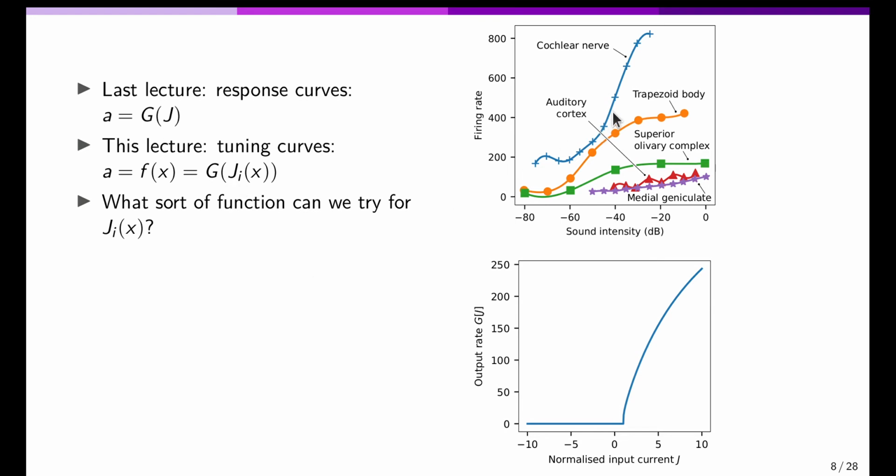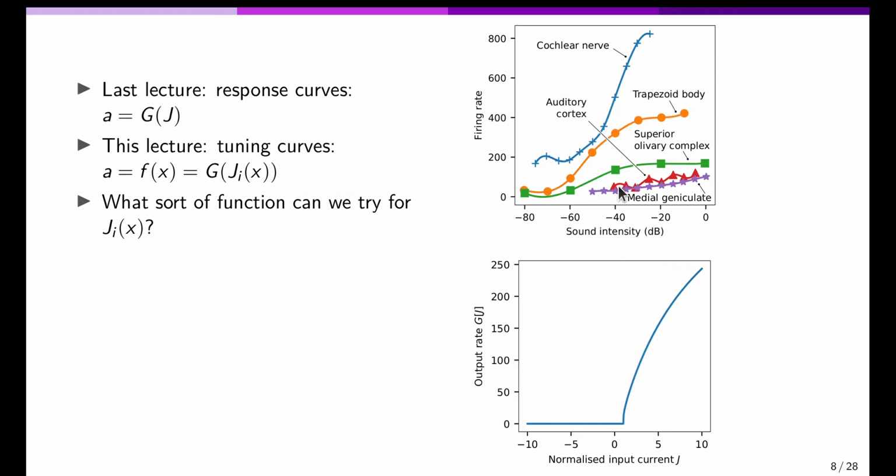Each individual neuron is different. Even if each neuron has the same type of neuron, if each neuron has a different curve, that's going to mean each neuron has a different mapping from X into J. So that's why we've got a little J sub i here. So what sort of functions can we do for this mapping X to J?